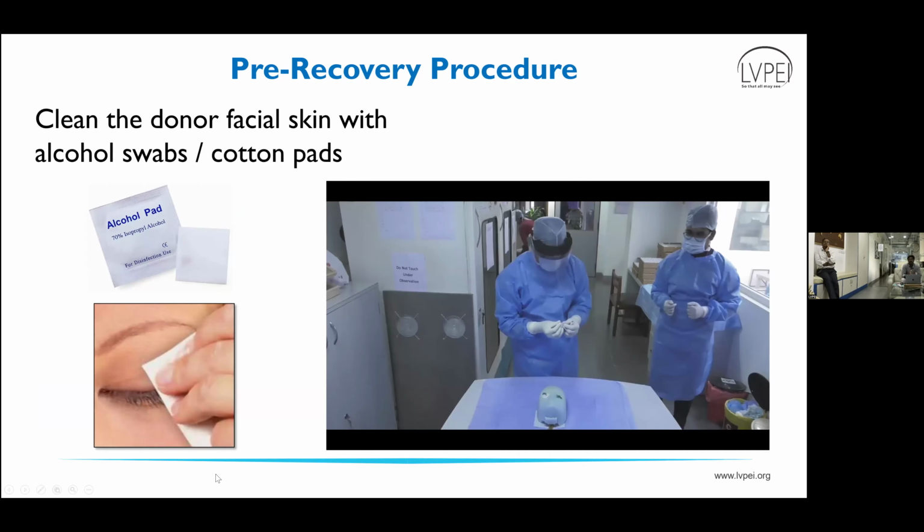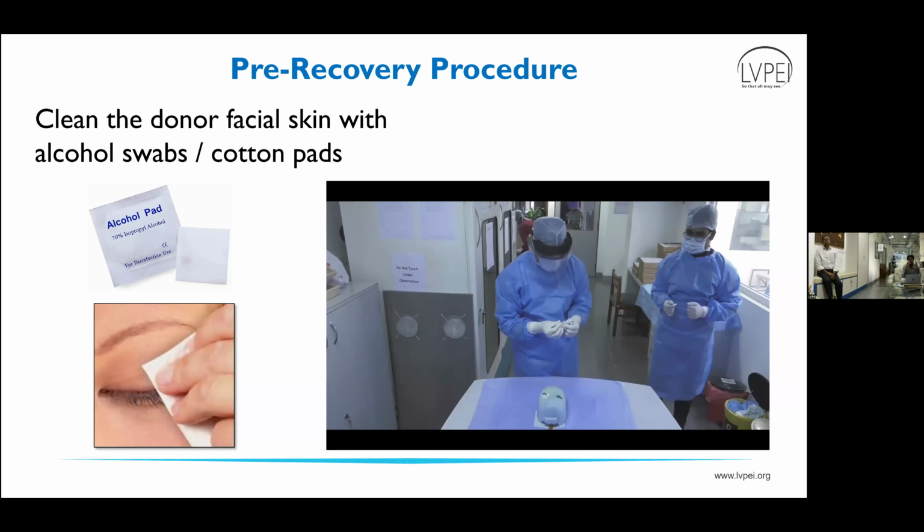After wearing the gown and surgical gloves, we start with cleaning of the donor facial skin. First we clean the entire face. We need to do this step because once death has happened, bacterial multiplication in the body is very high, so there will be a big load of bacteria and infection on the face and entire body.